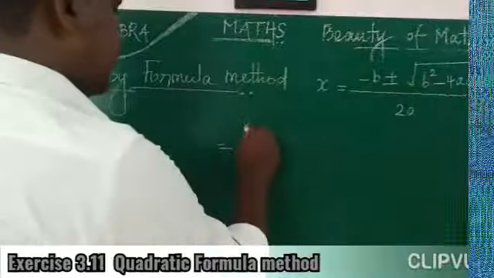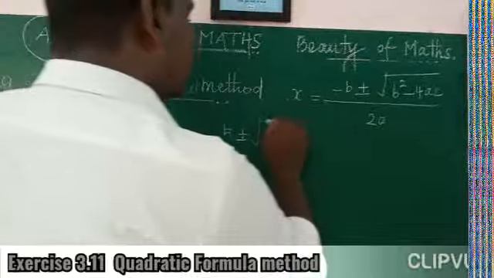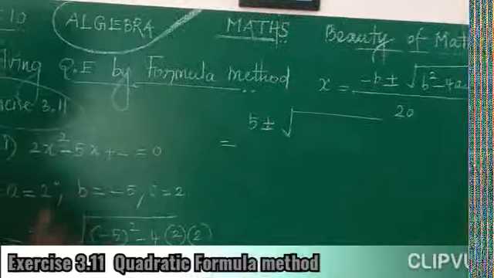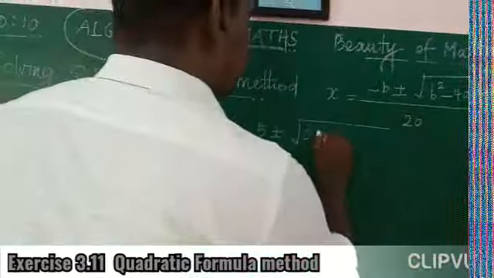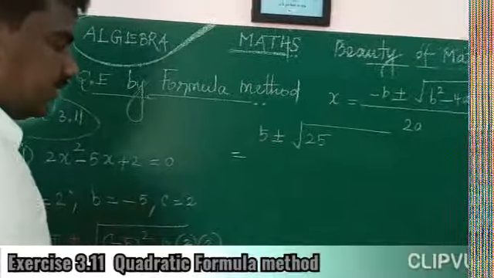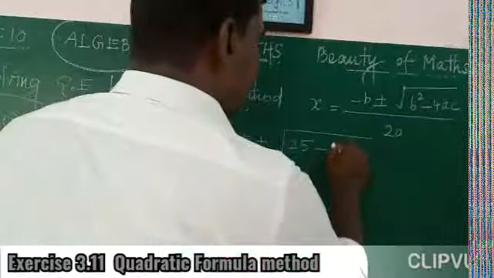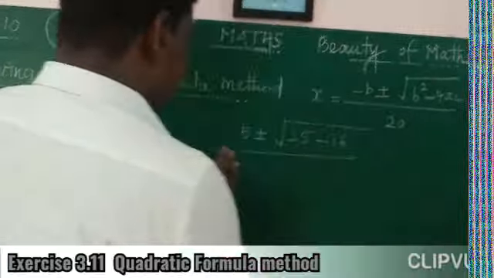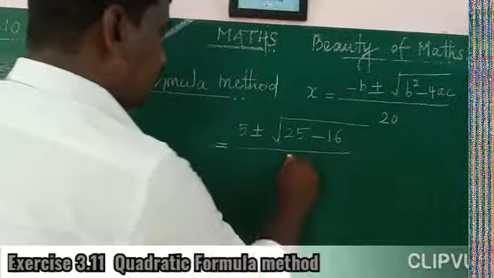Now 5 plus or minus root of minus 5 square, which is equal to 25, minus 4 into 2 is 8, 8 into 2 is 16, 25 minus 16, whole divided by 2 into 2, 4.